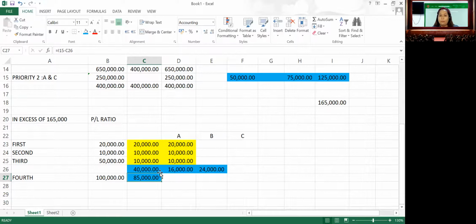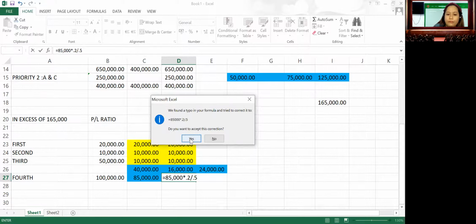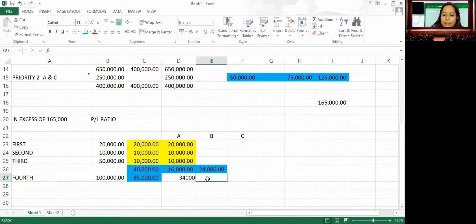So, magkano po ang paghahati natin dito? So, same pa rin. Hatiin pa rin natin siya based on their P&L. Okay? So, we have here 85,000 times 0.20 divided by 0.50. Ratio natin yun. Okay? The second one, we have 85,000 times 0.30 divided by 0.50.